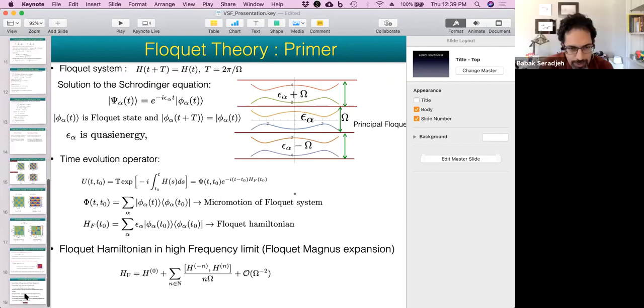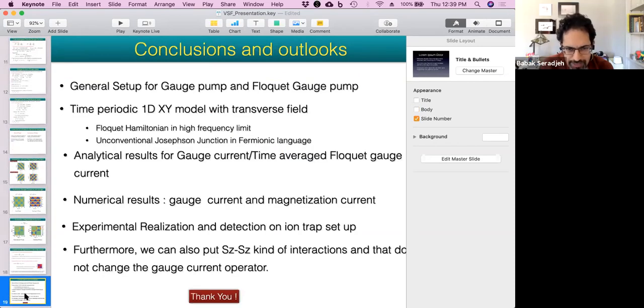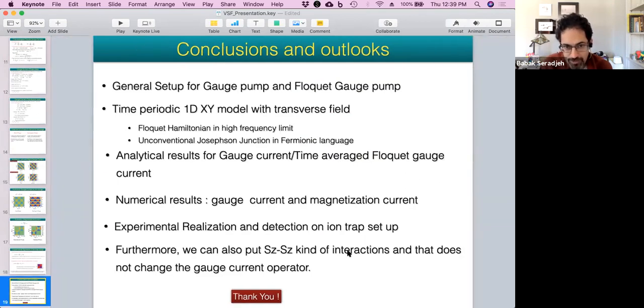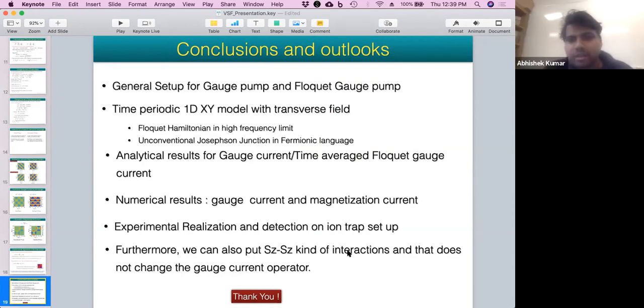Can you say a little more about what kind of interaction? The XY model is nearest neighbor. Does the SGSG interaction need to be nearest neighbor? No, it can be long range also, because the operator we are calculating always commutes with the SG. Basically, the magnetization current we are calculating is the commutation of your Hamiltonian with SG.